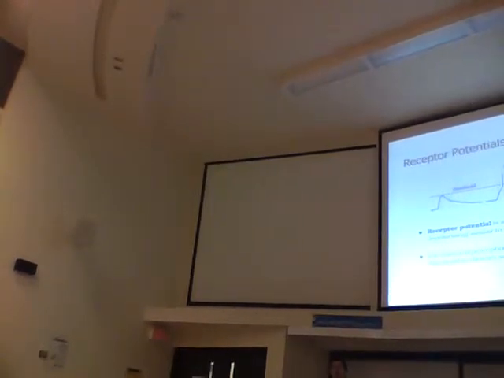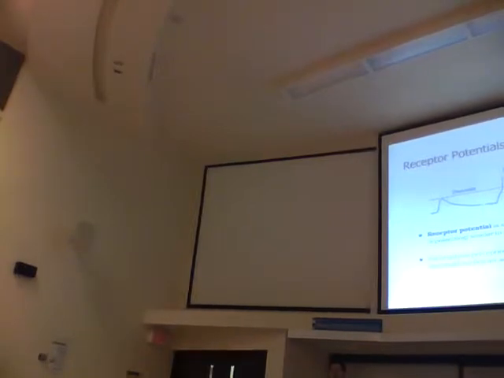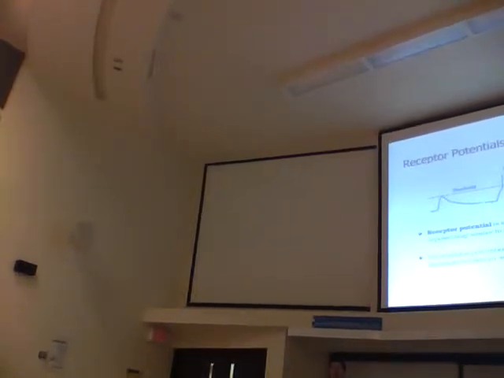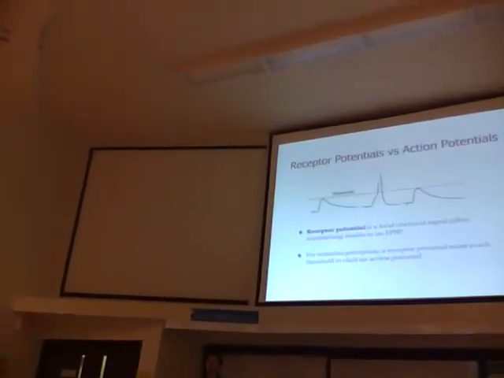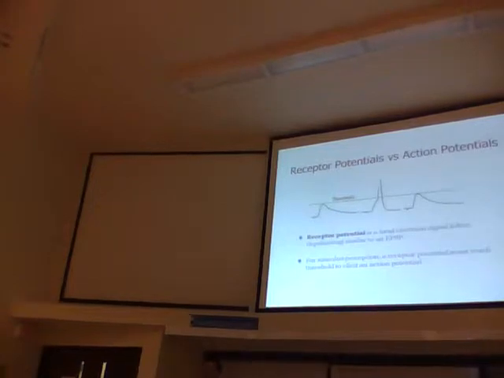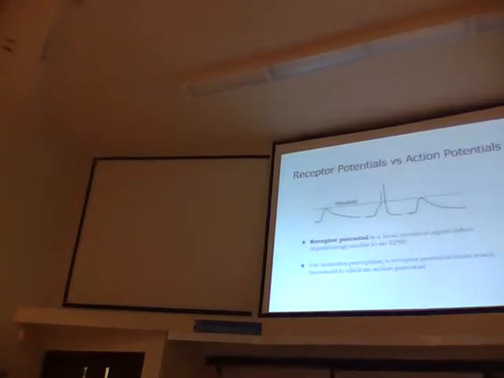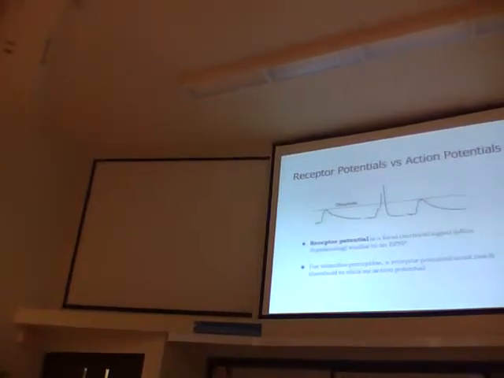You know that when an EPSP is large enough to reach threshold, you get an all or none action potential. The same is true with receptor potentials. In many cases, a receptor potential will reach a threshold to elicit an action potential. And that's how you get signal transduction towards your spinal cord and upwards through your medulla all the way to the primary somatosensory cortex.